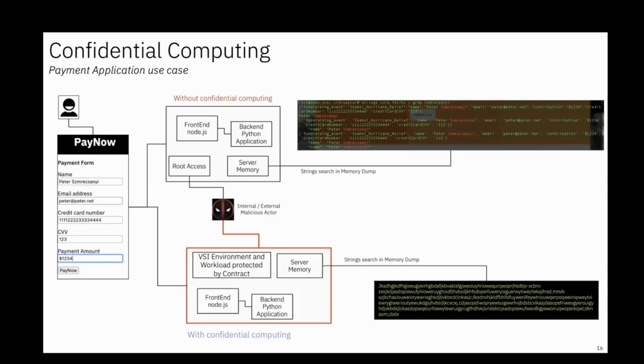And what happens without confidential computing is you are able to dump the memory and see all the PII information that is visible in the dump. But when it comes to confidential computing, everything is garbage when you try to dump the memory. So here I would stop sharing and have Nancy play a little video which goes through the app itself and what confidential computing actually means.